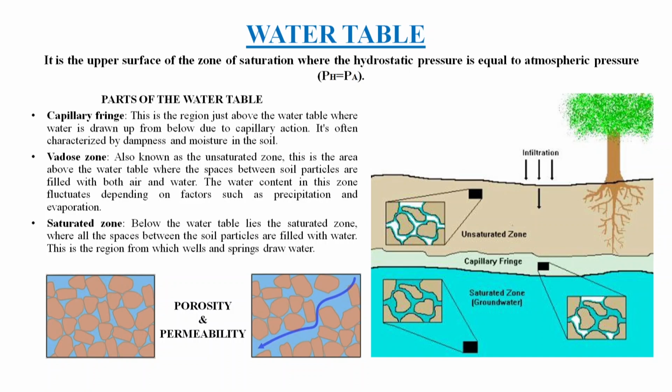And permeability is nothing but, if I look at these two diagrams, in the first one the pores that are present are occupied by water. Here I will say that it has high porosity because the water fills the pore spaces.